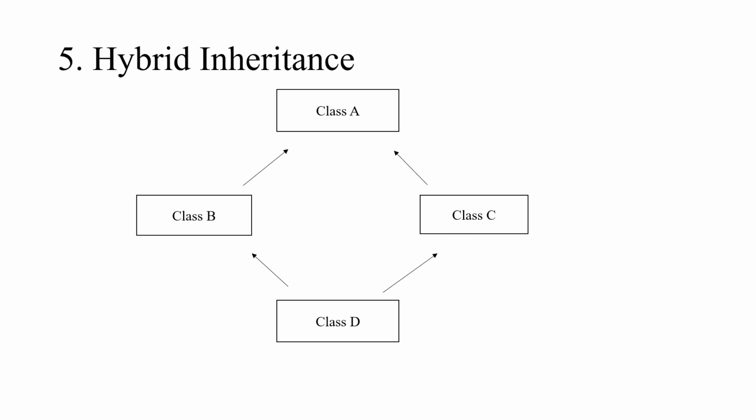As we already saw single inheritance, multi-level inheritance, and hierarchical inheritance, a combination of those inheritances is hybrid inheritance. Like see here, this is hierarchical inheritance, and if we see like this, it is multi-level inheritance. A combination of all the inheritances is nothing but hybrid inheritance.